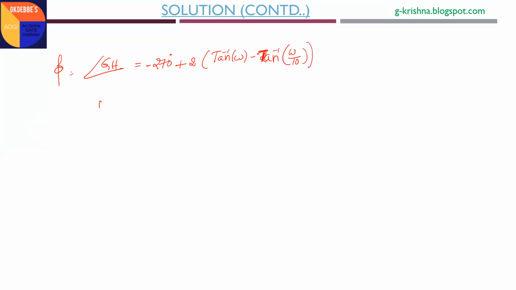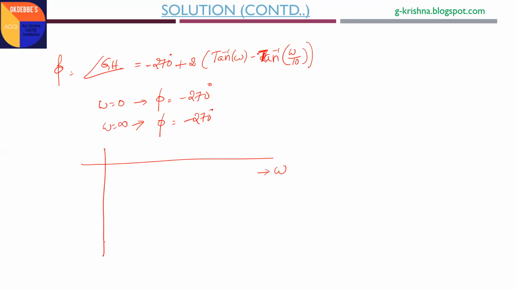At 0 frequency, the phase angle is minus 270 only. At infinite frequency also, the phase angle is minus 270. Which means the total phase plot will be shifting below minus 270. It starts at minus 270 and ends at minus 270.